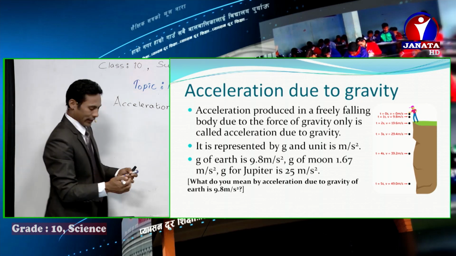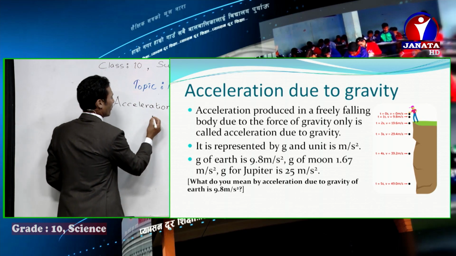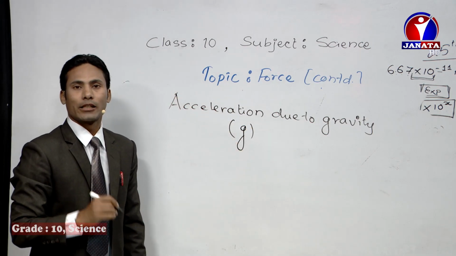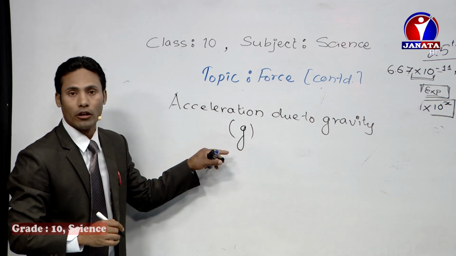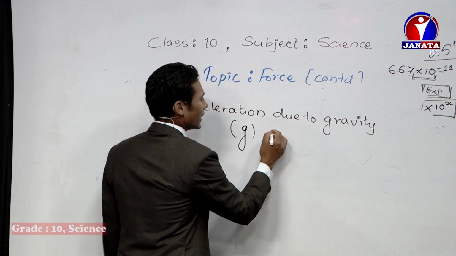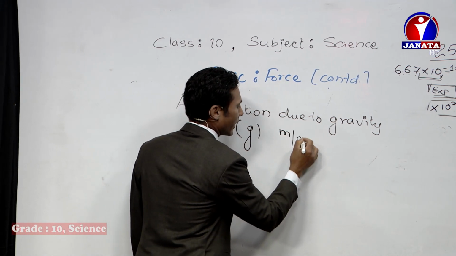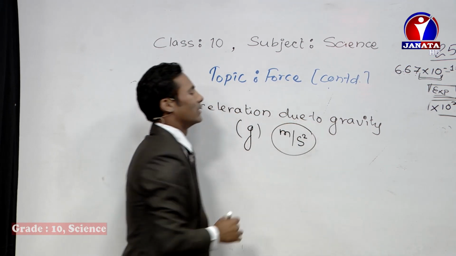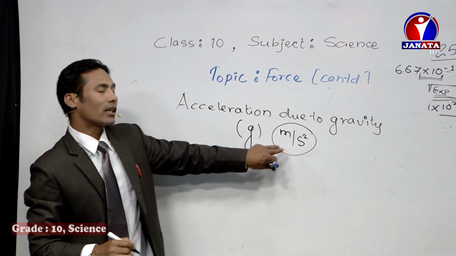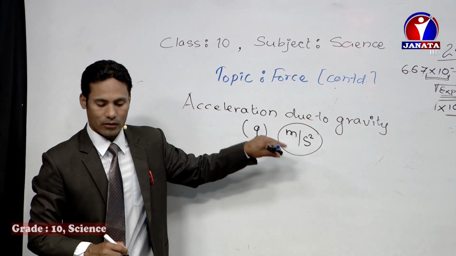Clear? The symbol for this acceleration due to gravity, we will represent by small g. Small g is the symbol for the acceleration due to gravity, and the unit is meter per second square. As acceleration is velocity per unit time, the unit is meter per second square.